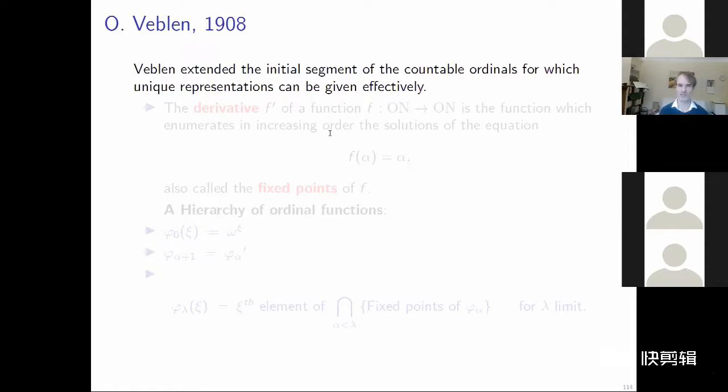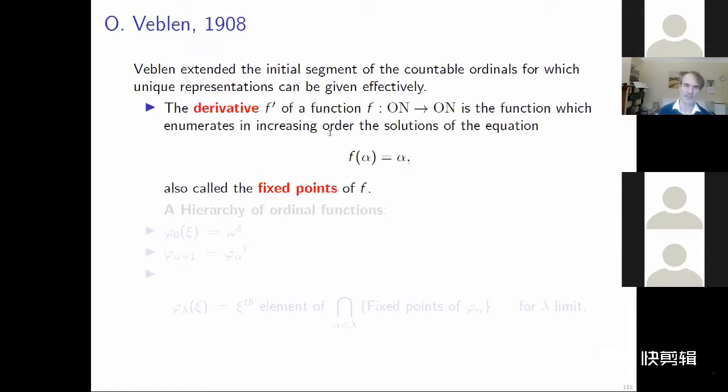And he used the procedure of a derivative of a function on ordinals. So if you have an ordinal function f going from ordinals to ordinals, then what Veblen called a derivative, and gave the name f prime, is the function which enumerates all the fixed points of f.